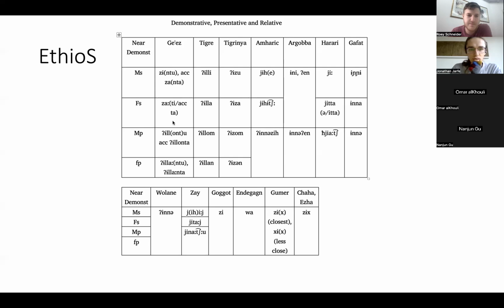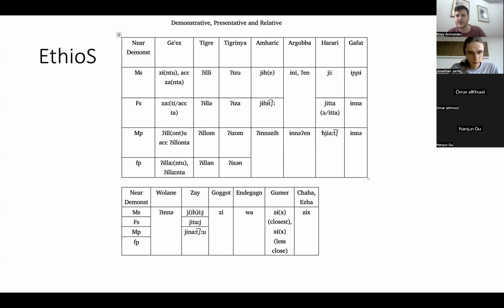So we saw the near demonstratives z and za, and the plural ones illu, illa. So some of the languages have retained pretty much this, like Tigre. You can see that Tigrinya has a different system, but quite close. And the other ones just completely diverged from this.